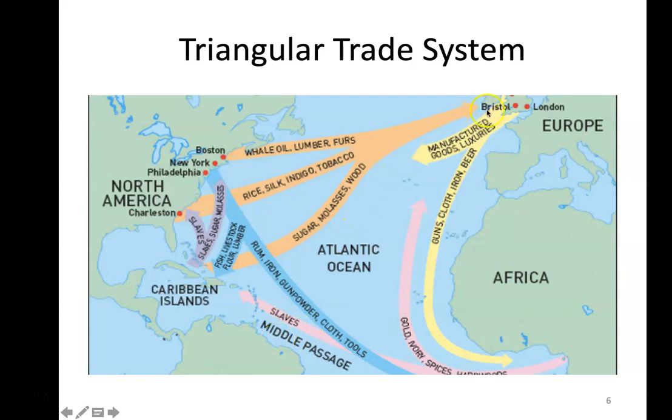Okay, so the first route here, we see places like Bristol, that are still around today. By the way, these cities like Bristol and so forth, they're actually going to emerge due to the slave trade. So much wealth and profit was gained as a result of using African slave labor that it'll give rise to these port cities like Bristol, and it'll give rise to the emergence of the modern finance system in England, for example.